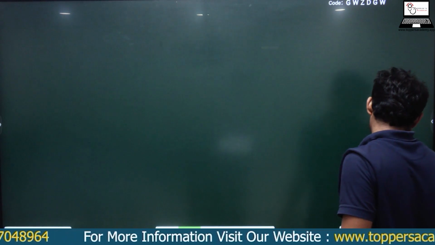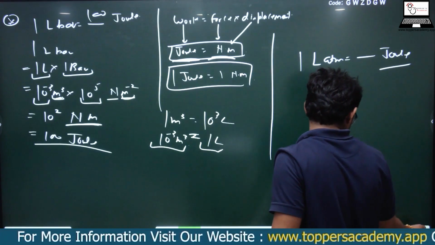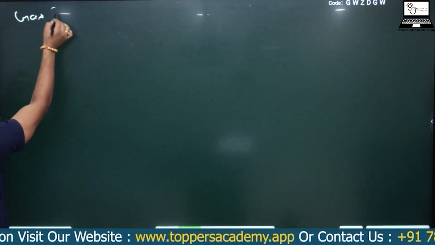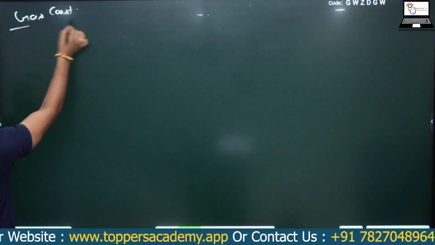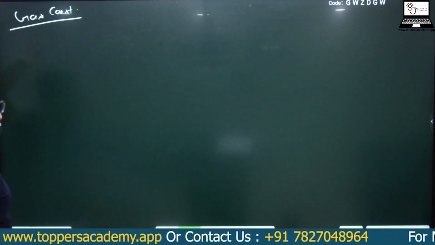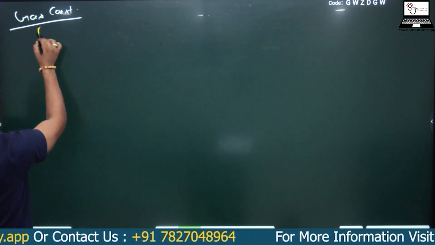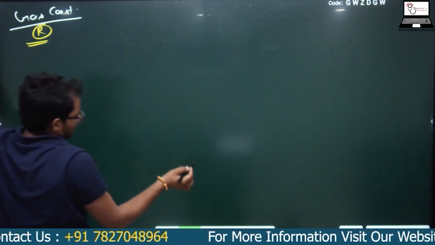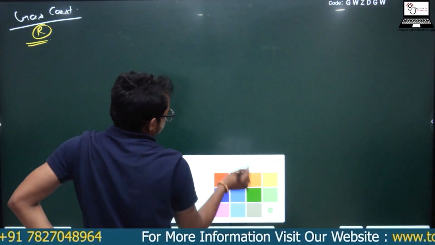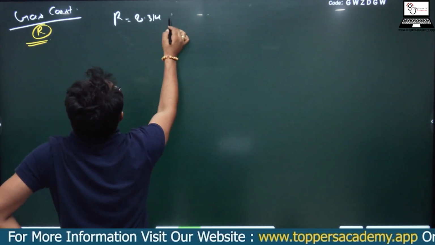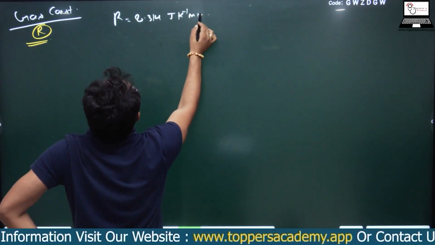Look at the gas constant. The gas constant is represented by capital R. One value all of us know is that R is equal to 8.314 joule Kelvin inverse mole inverse.